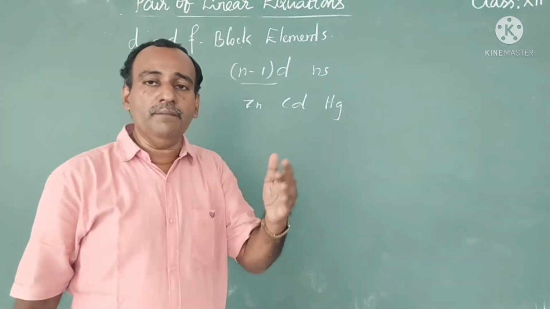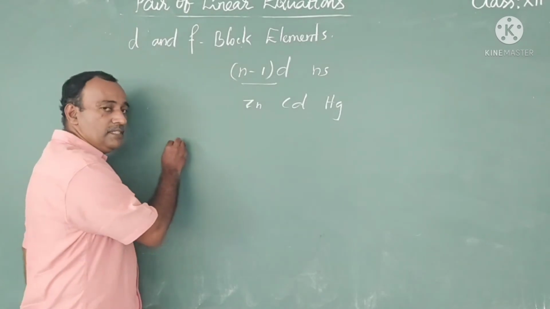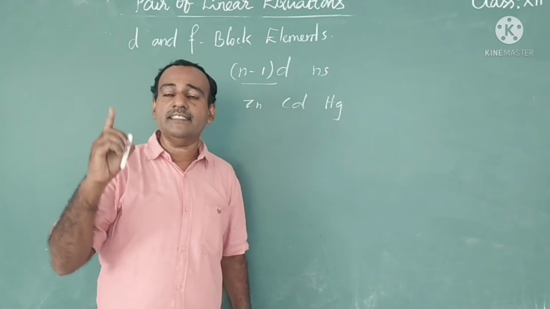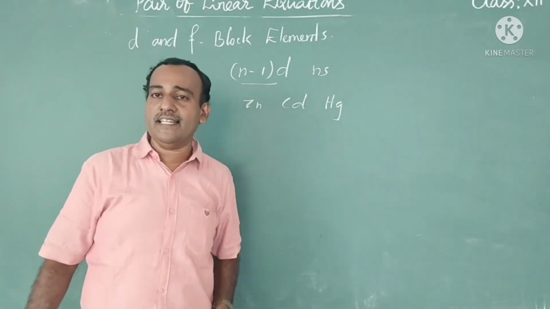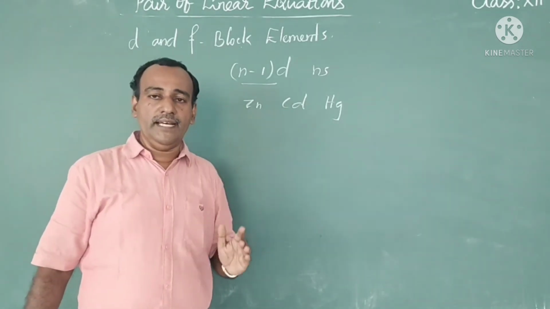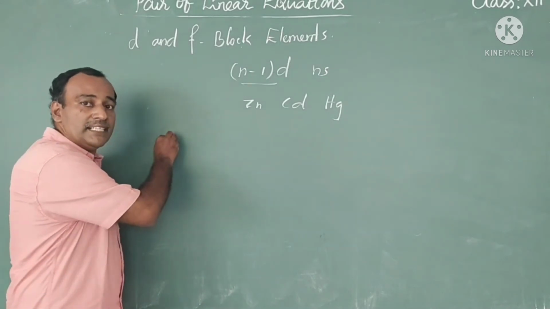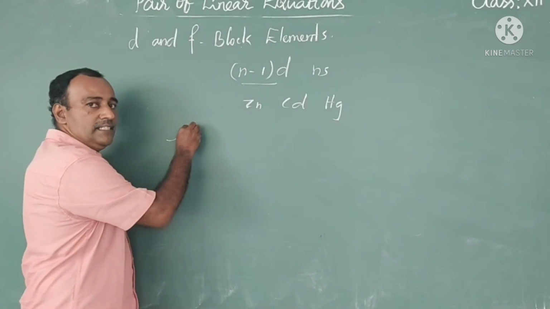When we move from left to right, scandium consists of only one unpaired electron in the d orbital. If you consider the electronic configuration, you can easily understand. So when we move from left to right, scandium to titanium, the number of unpaired electrons increases, so the melting point also increases.